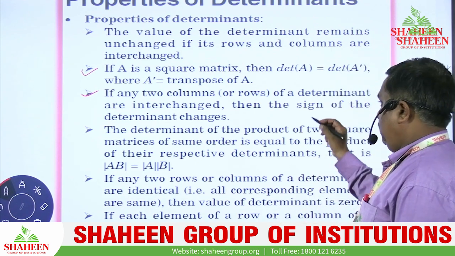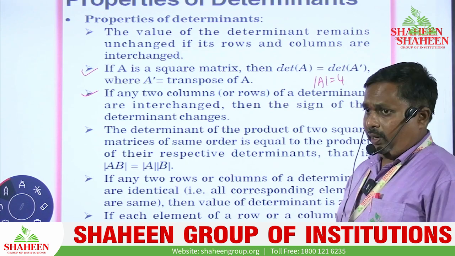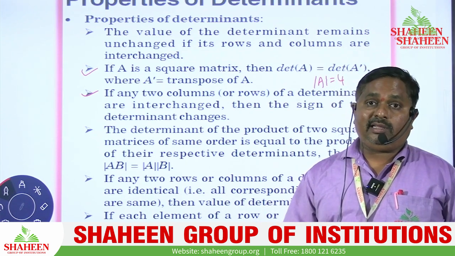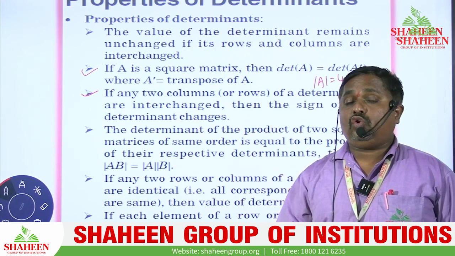For example, the given matrix has determinant 4, and we have interchanged R1 and R2, or R1 and R3, or R2 and R3. We are interchanging two rows.